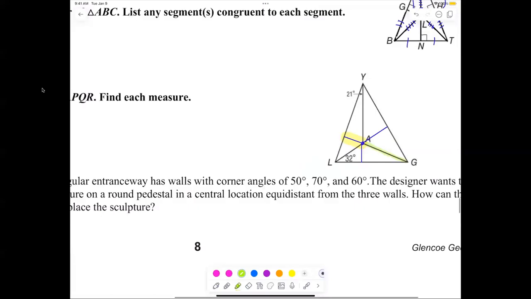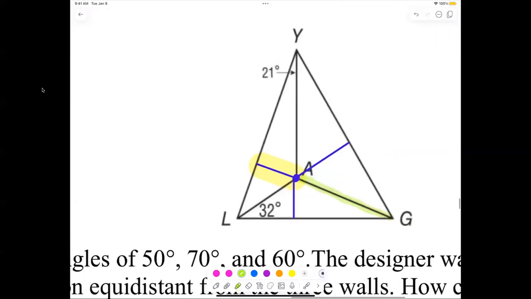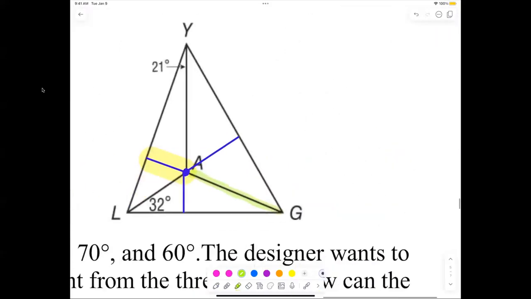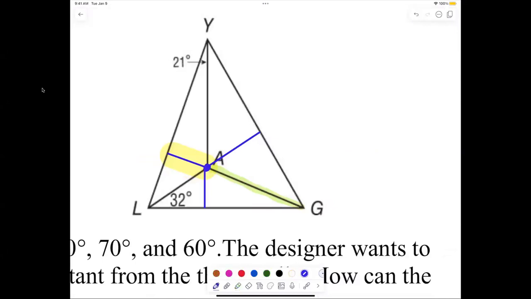So now, if this angle is 21 degrees, then what is this angle? 21. And of course, if this angle down here is 32, then the other angle is also what? Now, do we agree all those angles are being cut in half? So the angles of a triangle add up to what? That means the three angle bisectors cut the 180 into what? 90.